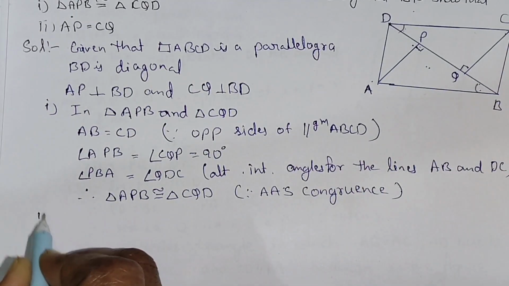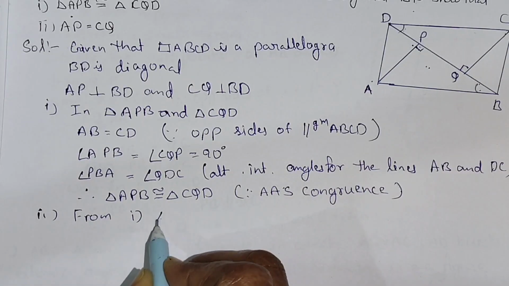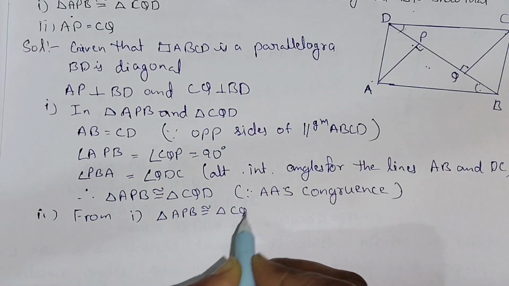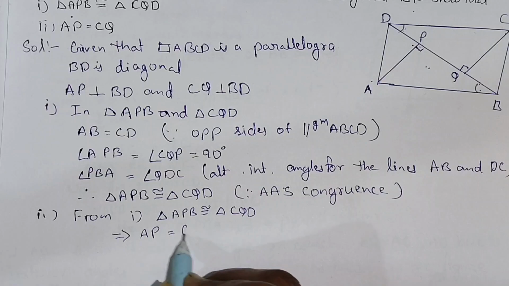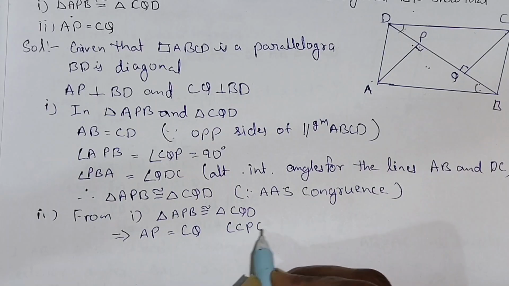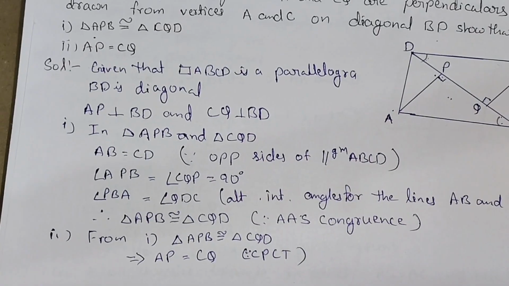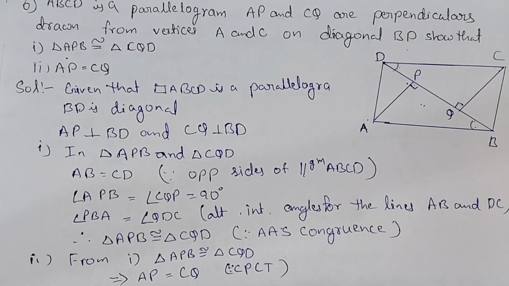From one, triangle APB is congruent to triangle CQD, so AP equals CQ, corresponding parts of congruent triangles. This is the complete solution of the sixth one.